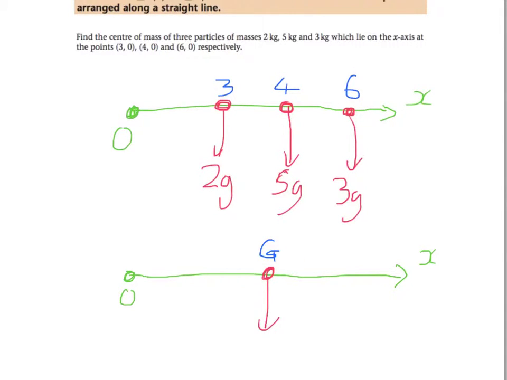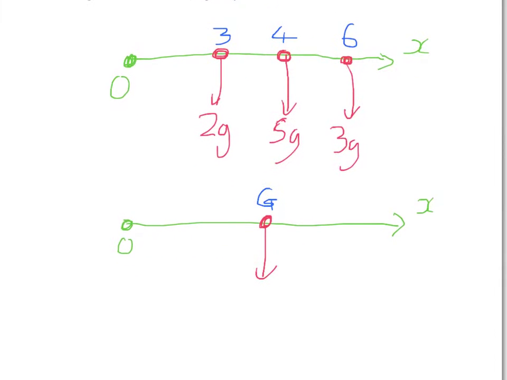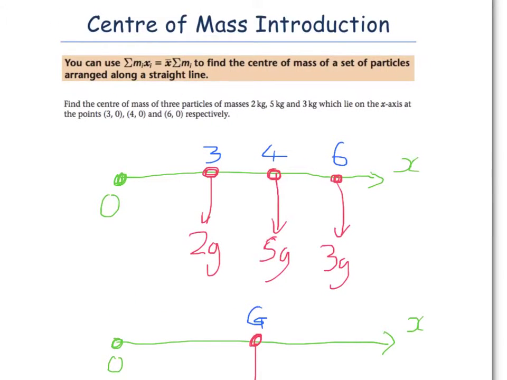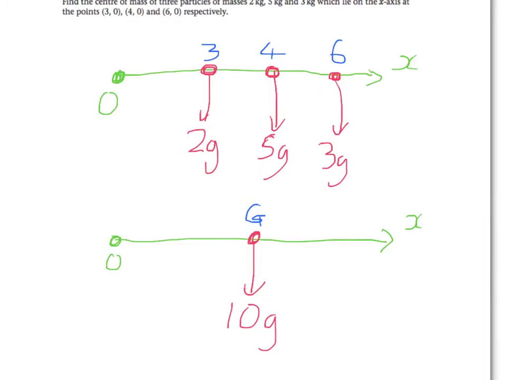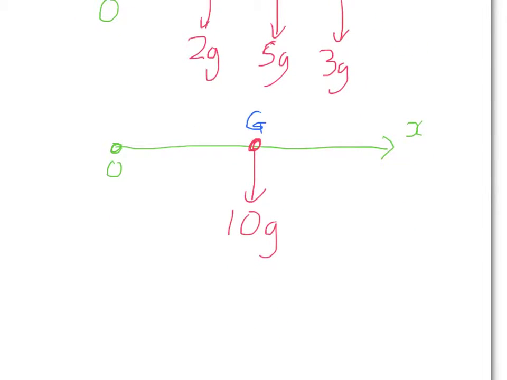Now if we combine these three weights, 2g, 5g and 3g, we get a total of 10g acting downwards. Now if we look at the formula we're given, we've got the sum of all the masses mi times the distance xi is equal to the centre of mass times the sum of all the mi's. So let's use this equation to find out where the centre of mass is.